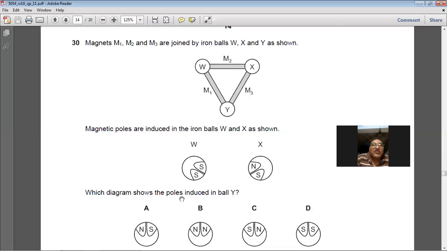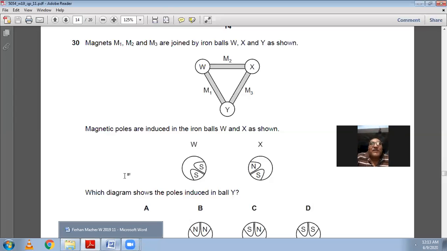Which diagram shows the poles induced in the balls? It's a typical question which involves presence of mind. The question is easy, and we have never done this before. If you practice from 2002 to 2019, you will never find this question in MCQ. This is a brand new question.